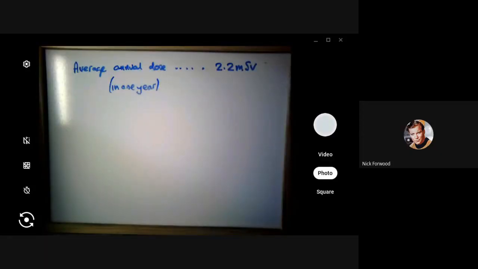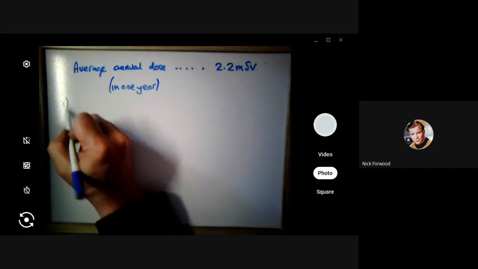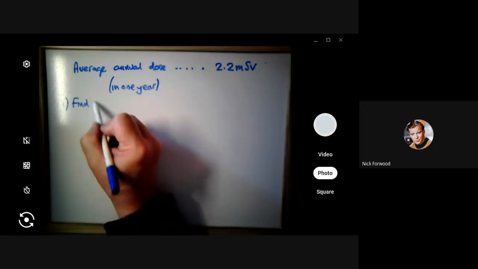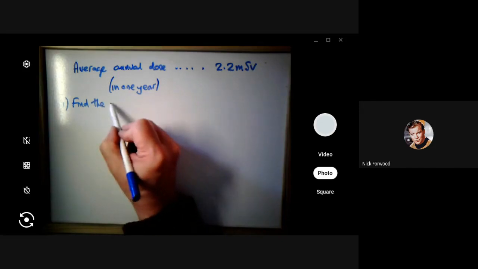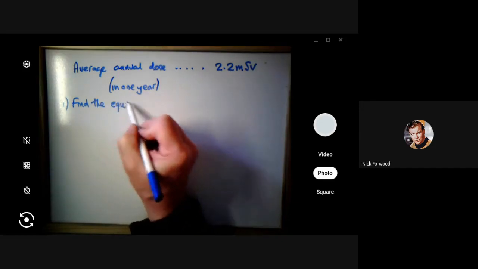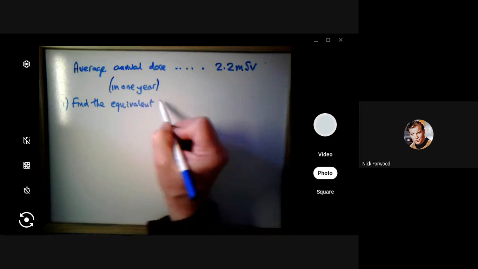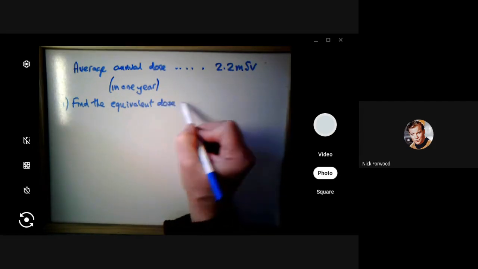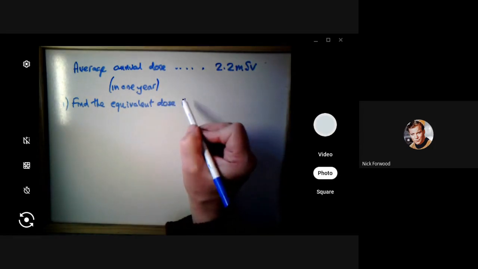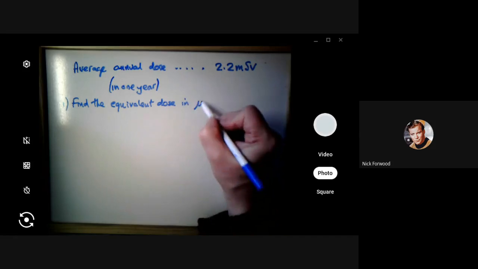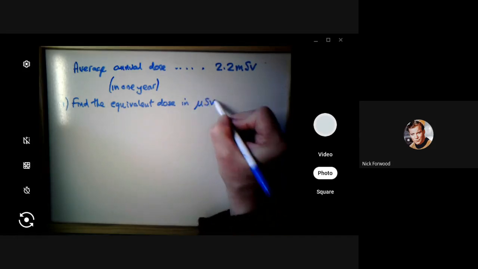And the question says, find the equivalent dose in microsieverts. Not in millisieverts, but in microsieverts. And we've done this already.